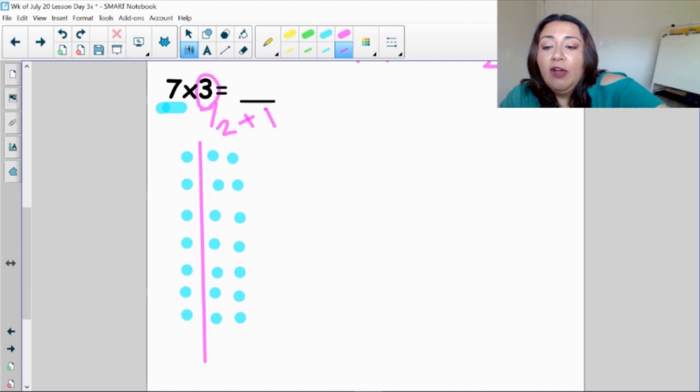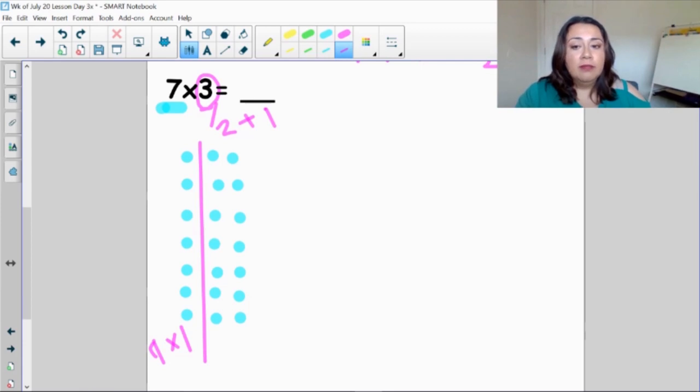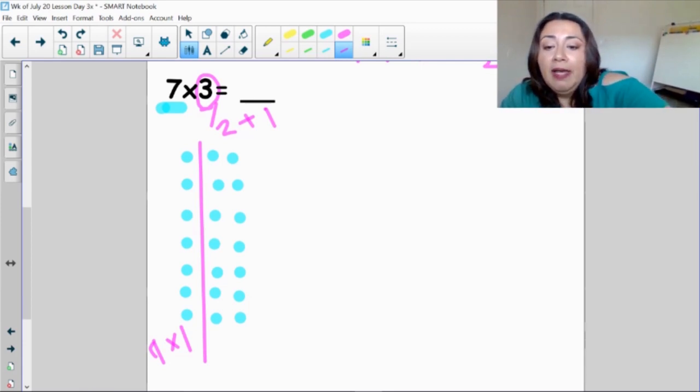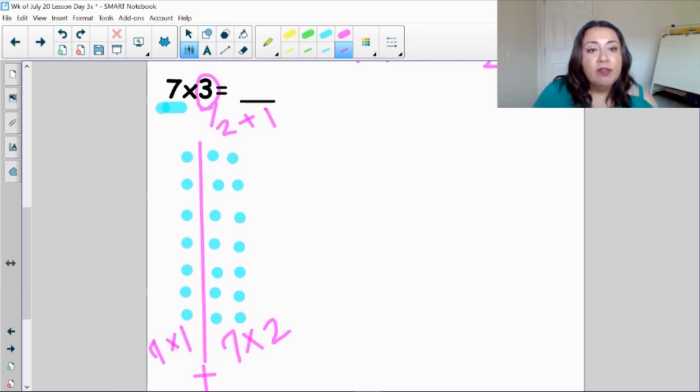Podemos decir que tengo un grupo de 7 por 1 en cada grupo, más 7 por 2 en cada grupo. ¿Vieron cómo hice eso?